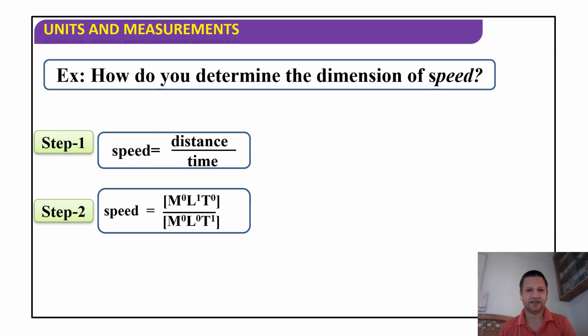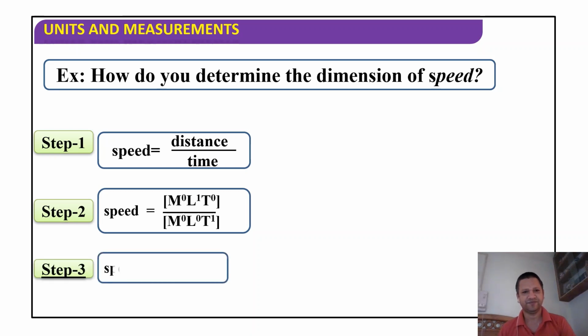So for distance it is M0 L1 T0. In terms of M, L and T, we write the dimensional formula of a particular term. For time it is M0 L0 T1. In the next step you can see this is the dimensional formula.